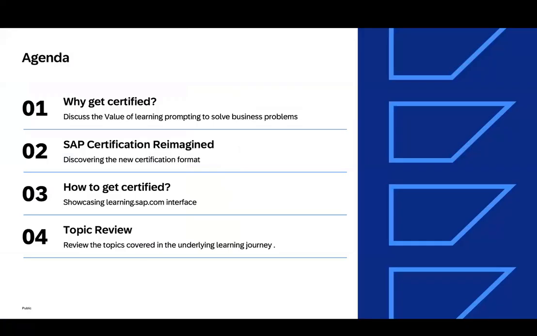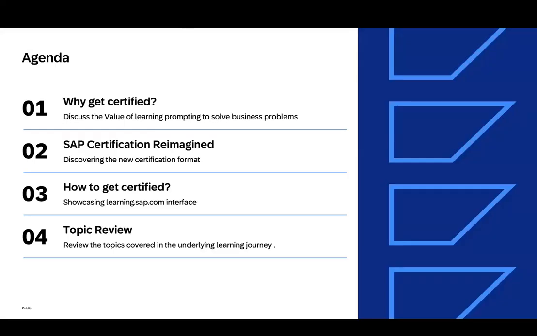The first thing we can get started with is today's agenda. We will discuss why this certification is important for you. We will also dwell upon the new certification, reimagined. SAP has been leading this initiative since last year, November. We have launched this certification in a completely different format.